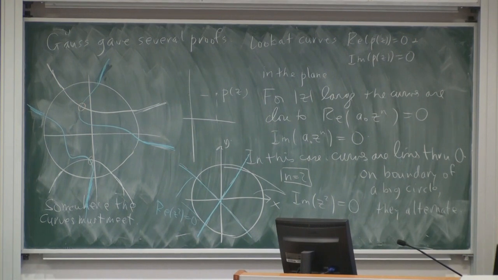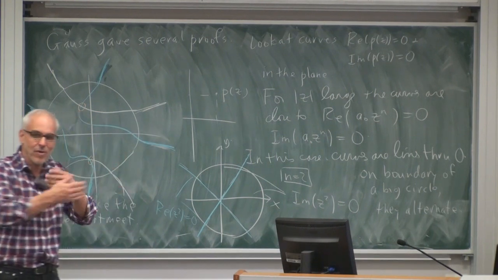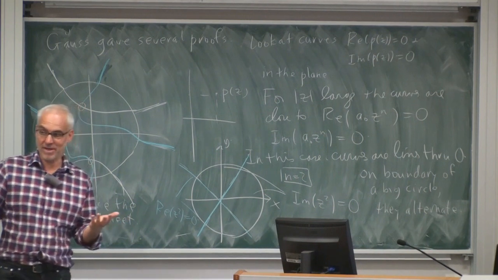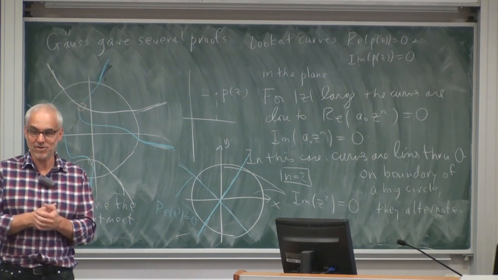But during this time, topology, which is concerned with continuous curves and how things are knotted up, had not really been developed. So Gauss was pushing the boundaries of the thinking of the time in this proof.